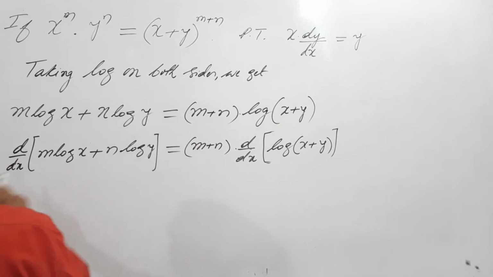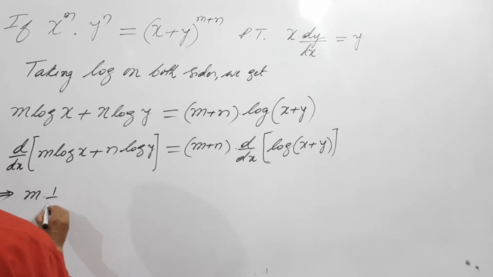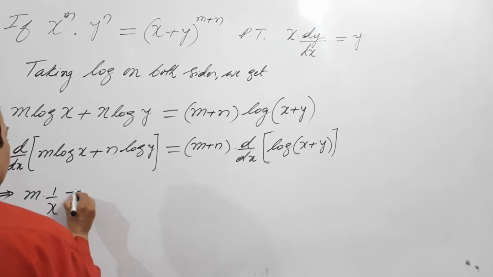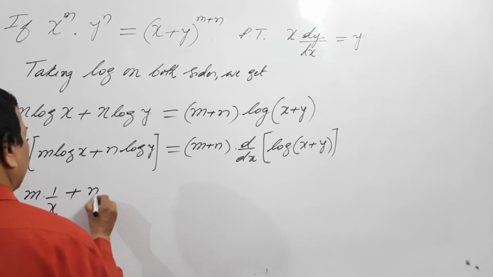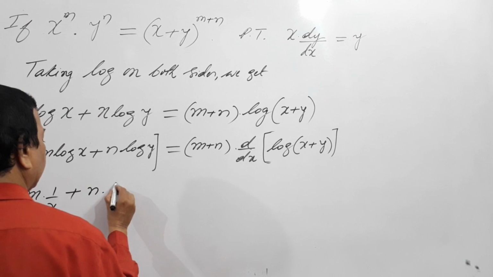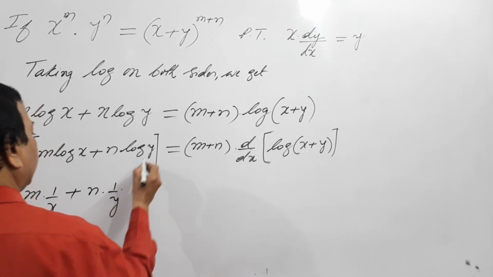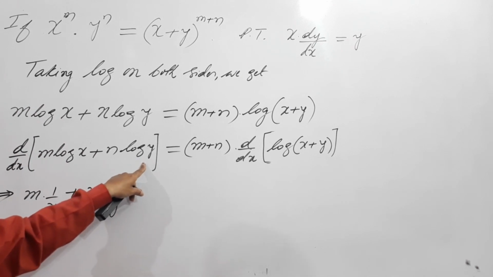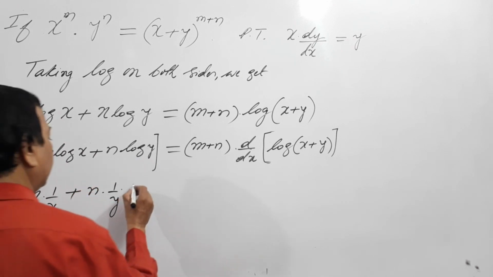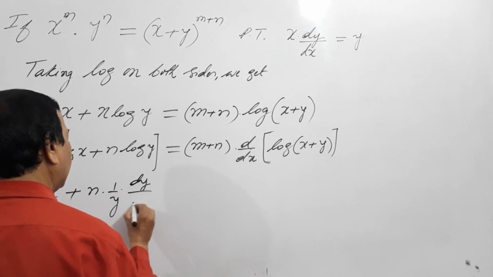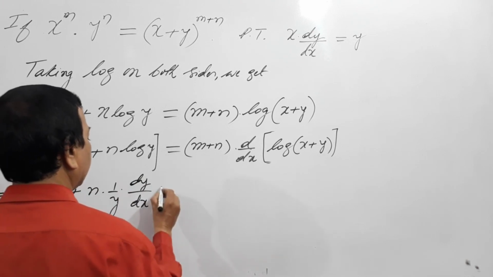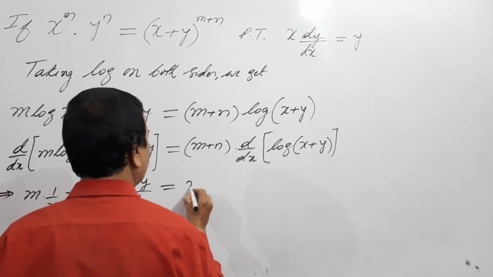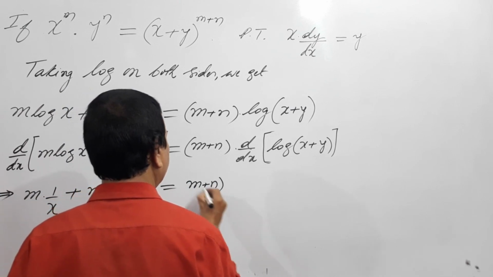So I take this m outside, which implies m into log x is 1 by x, plus n into log y, so it is 1 by y, differentiation of this is dy by dx, equals this constant m plus n, I write as it is.